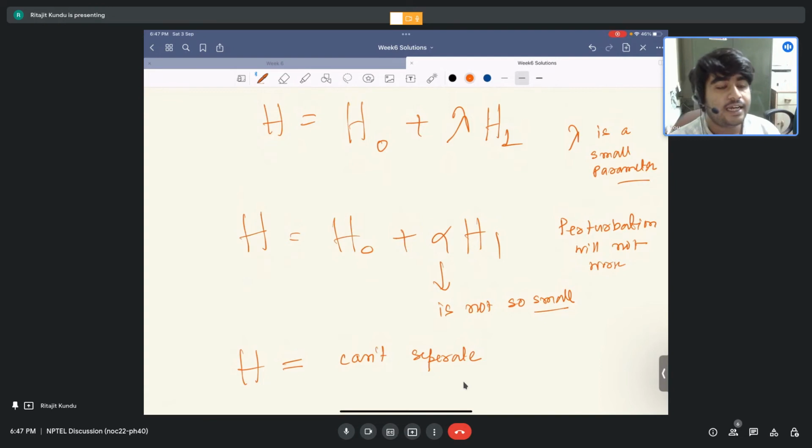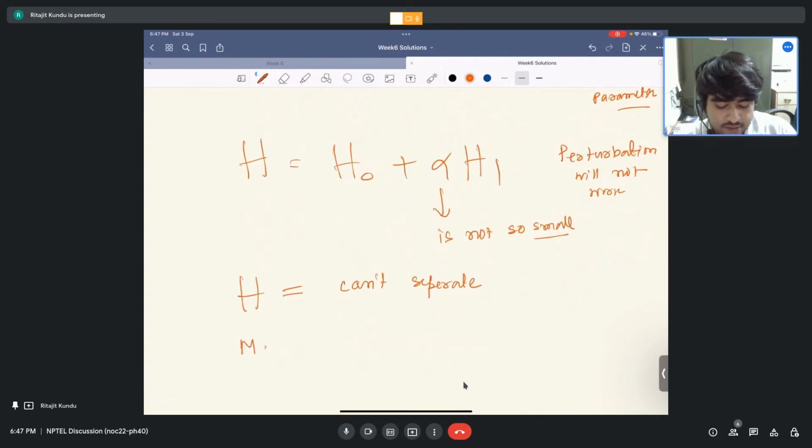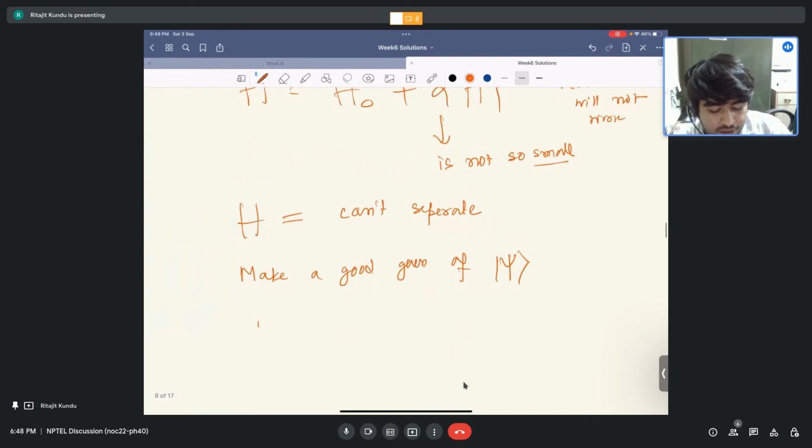So now the idea is, let's say you are given a general H, and you make a good guess of the state. Depending on the physical system, depending on the symmetry of the system, you have to make a really good guess if you want to get a good answer for the ground state energy. And then you can write the expectation value.